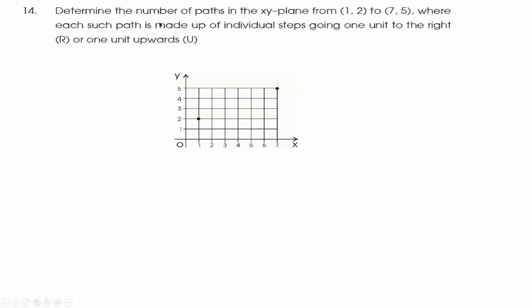So here we need to find the number of paths from (1, 2) to (7, 5), where each path is made up of individual steps going 1 unit to the right or 1 unit upwards. So this is an example. The path can go this way, then this way, then here, then here. This is one such path.